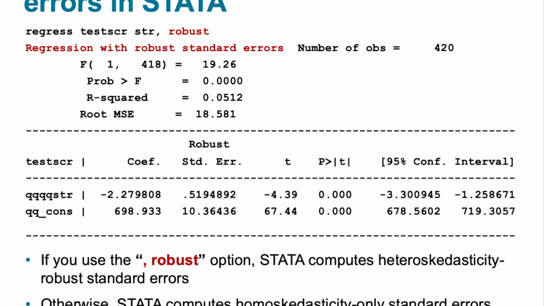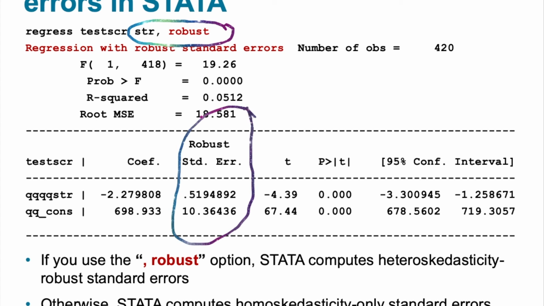Let's look at an example. Here we are calling on Stata to produce the heteroskedasticity robust standard errors because we have written comma robust after our regression. So we have regression with robust standard errors, and these are our heteroskedasticity robust standard errors. Okay, if we do not do this, then Stata will compute homoskedasticity only standard errors.